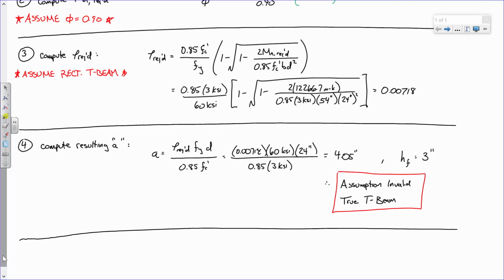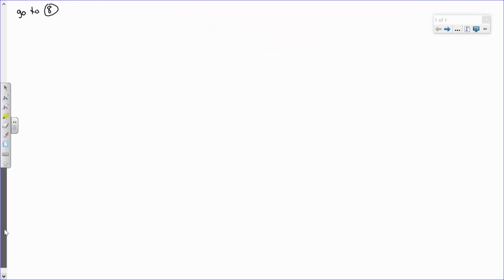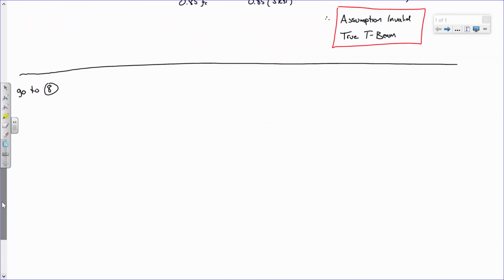And so if we're dealing with a true T-beam, what we do is we skip 5, skip 6, skip 7, and move on to step 8. I'm going to extend this page a bit. So we go to step 8, and what we do with step 8 is this.